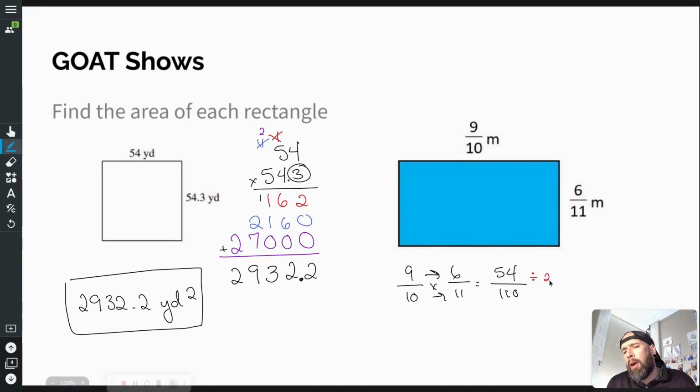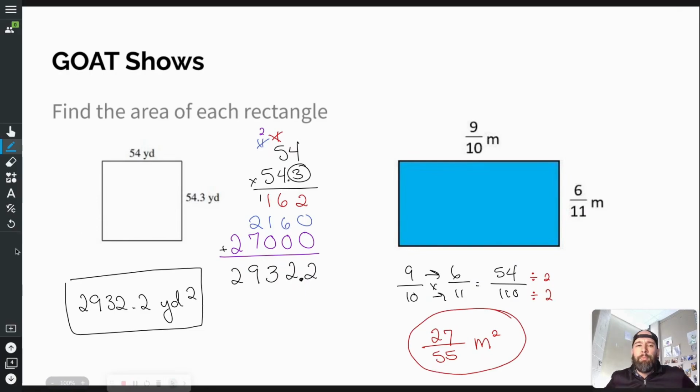I have to simplify the fraction, divide them both by 2. 54 divided by 2 is 27. 110 divided by 2 is 55. You can't simplify that any further. Since I had meters, I'm going to do meters squared. All right? So the idea is there.